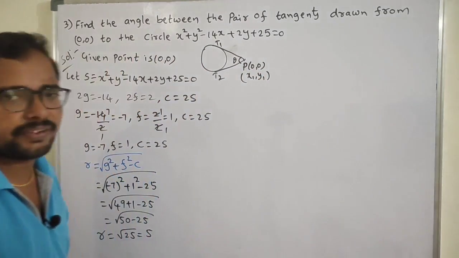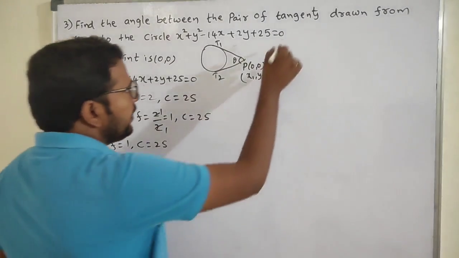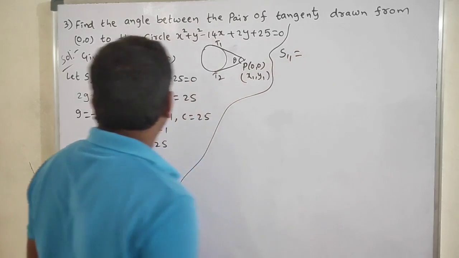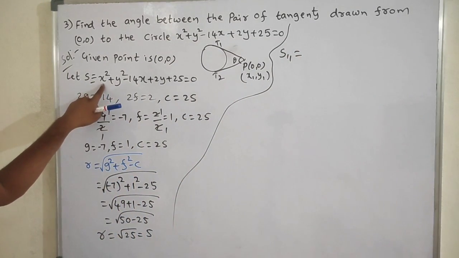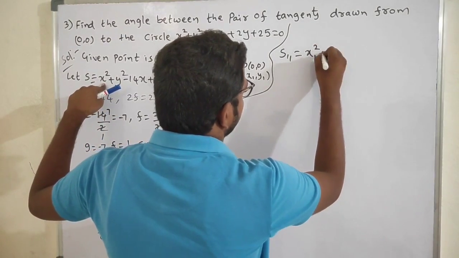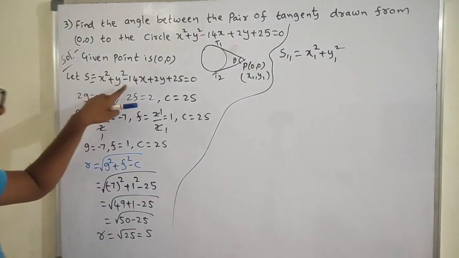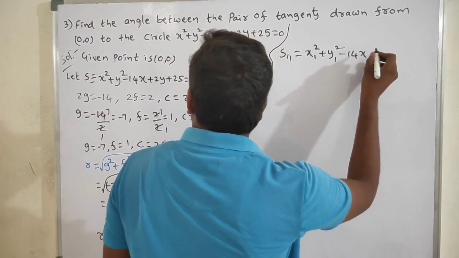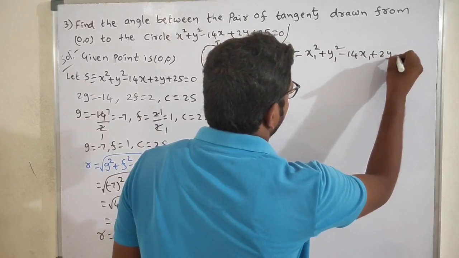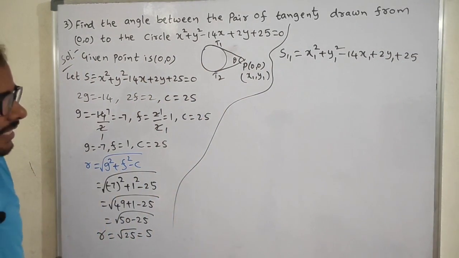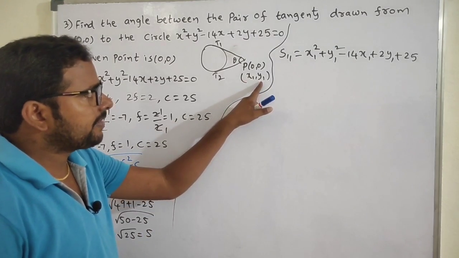Now we have to find the S11 value. S11 is equal to: take x equals x1 and y equals y1 in the given circle. So x1 square plus y1 square minus 14x1 plus 2y1 plus 25. Substitute x1 equals 0 and y1 equals 0 here.